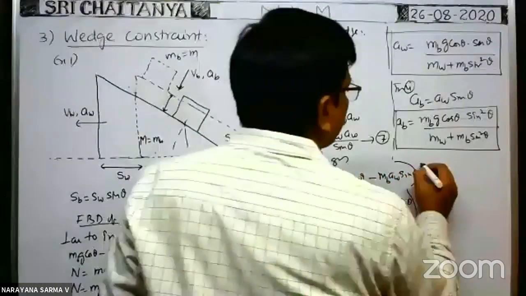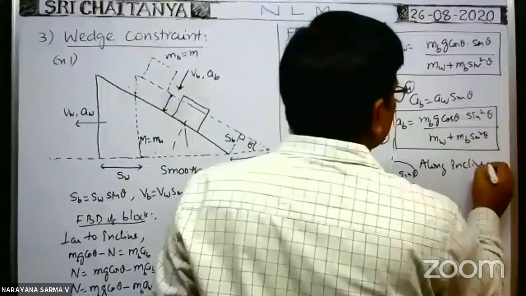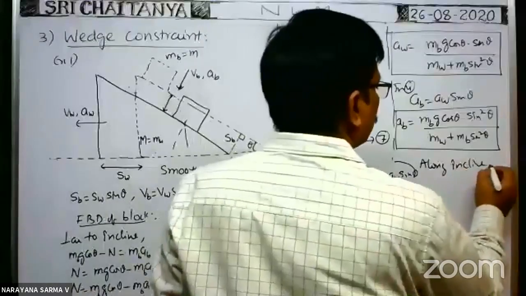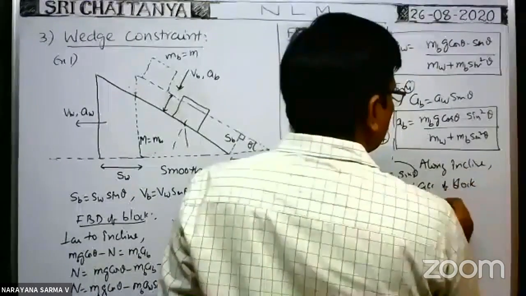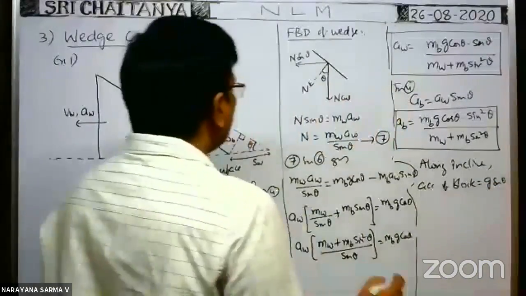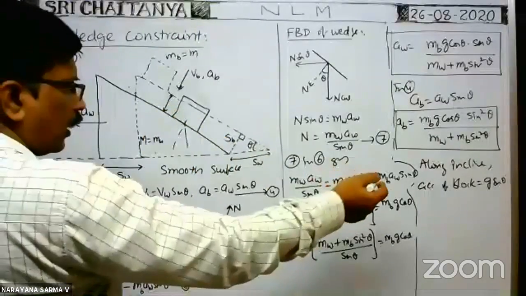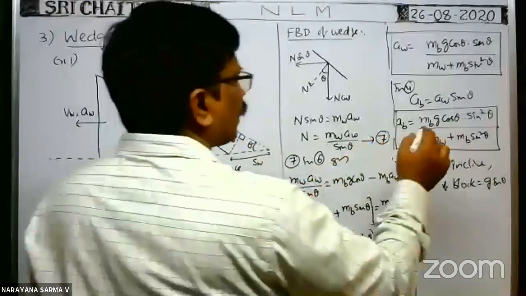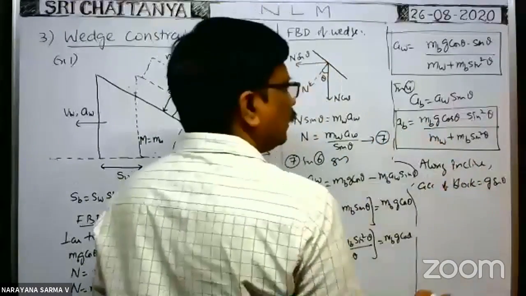So along the incline, the acceleration of the block is equal to g sin theta only. So the perpendicular-to-incline acceleration of the block is known, and the parallel-to-incline acceleration of the block is known. Therefore the resultant acceleration of the block is the square root of this square plus this square.